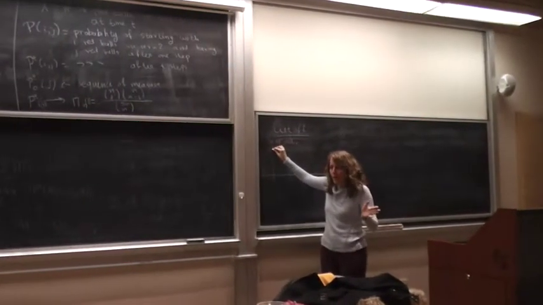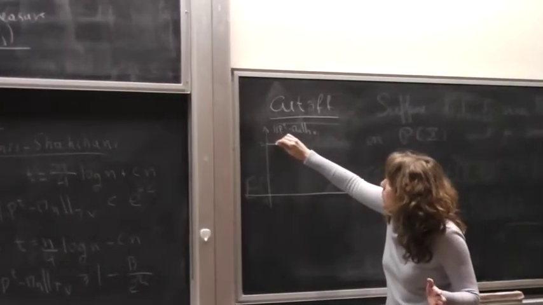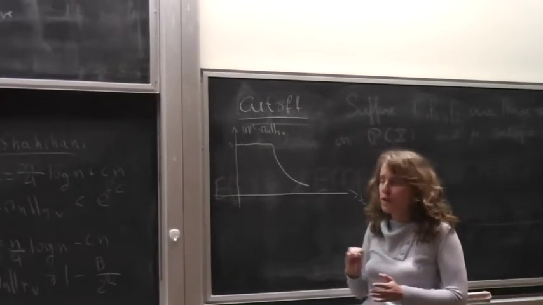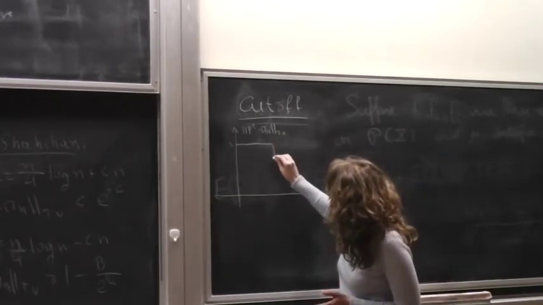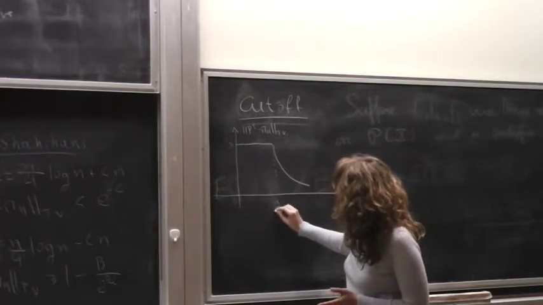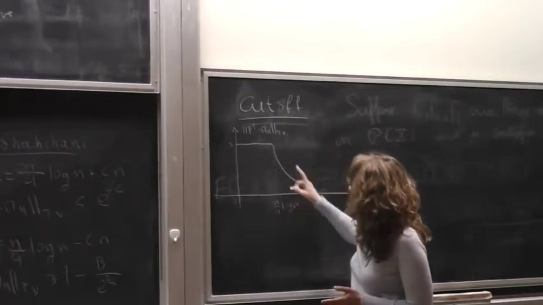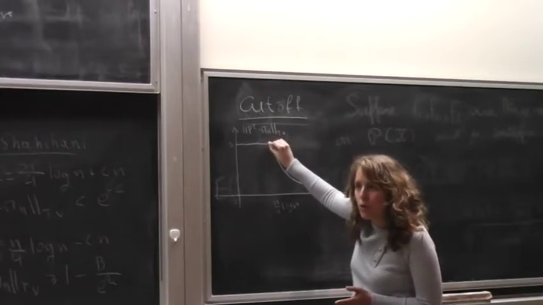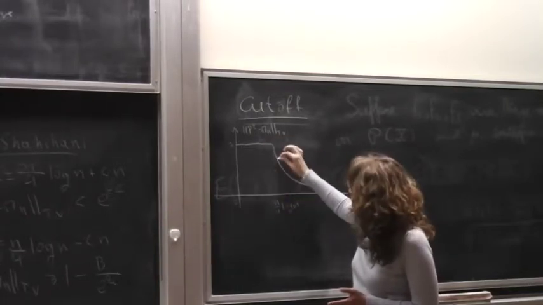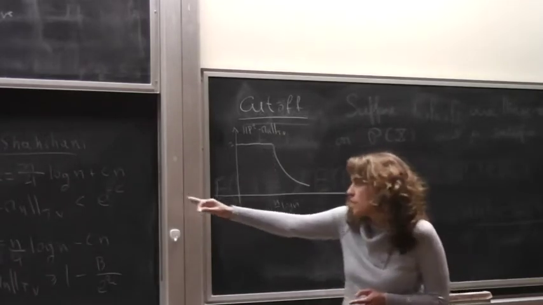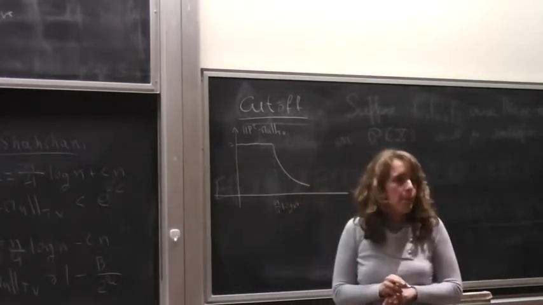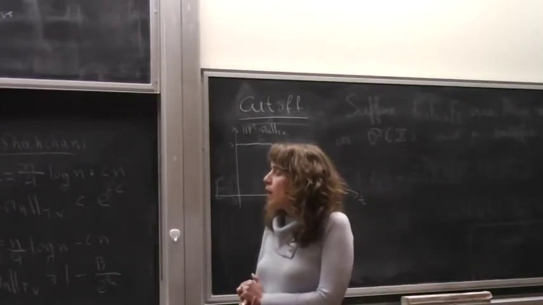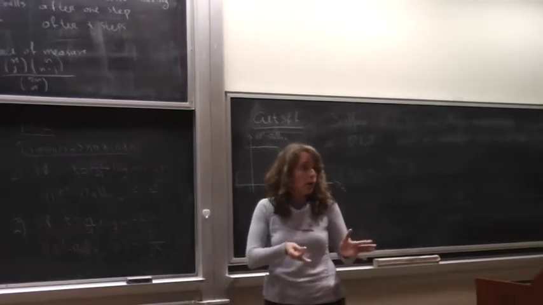You're too far away, and you keep being at 1, and suddenly it drops. That's what cutoff means. So this over here is (n/4) log n. If I take a few less steps, I'm big, almost 1. If I take a few more steps, then I'm dropping exponentially, in this case at least exponentially. So this is the type of theorem we are interested in for Markov chains these days, and in particular cutoff.